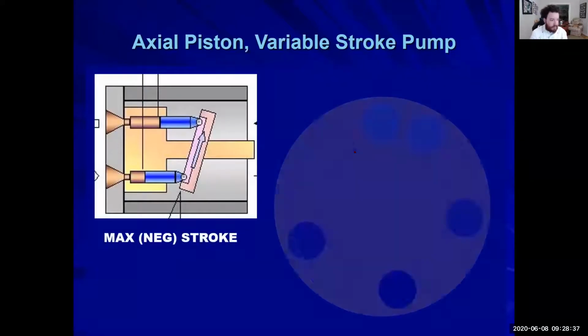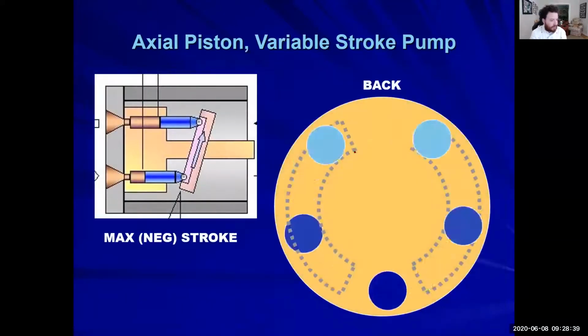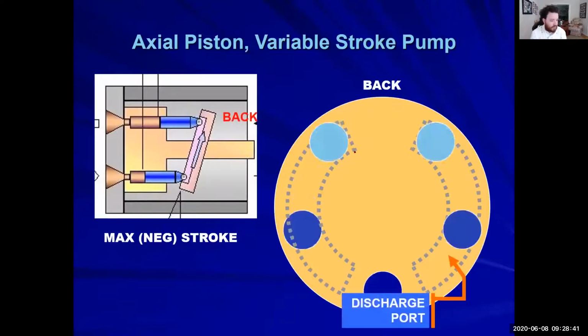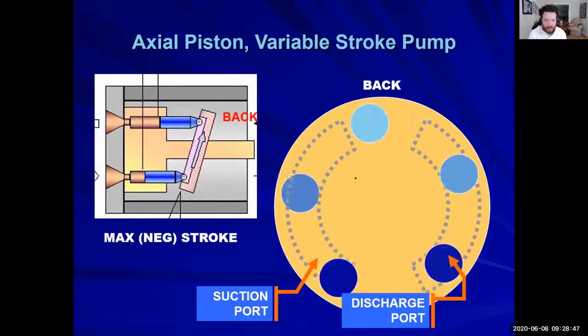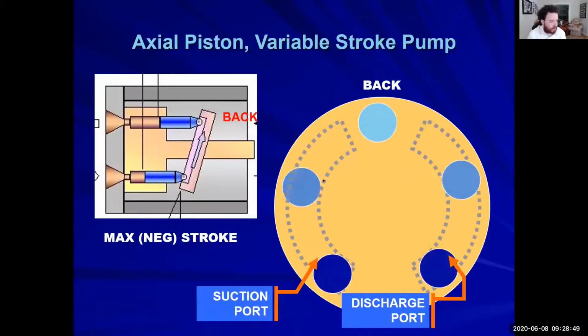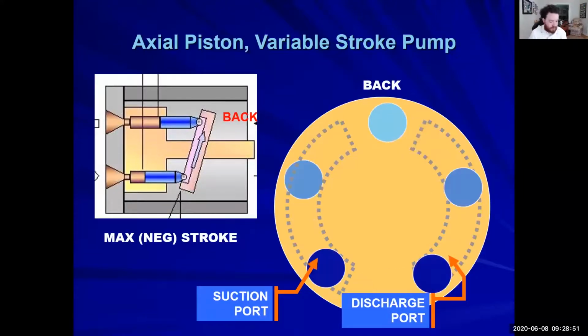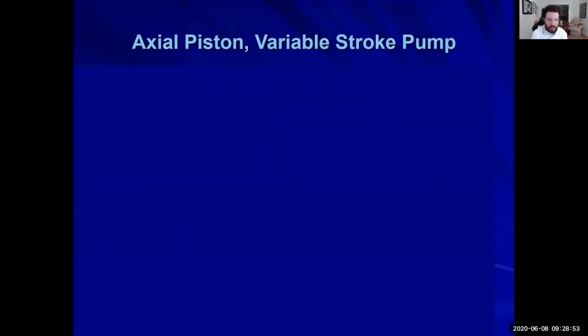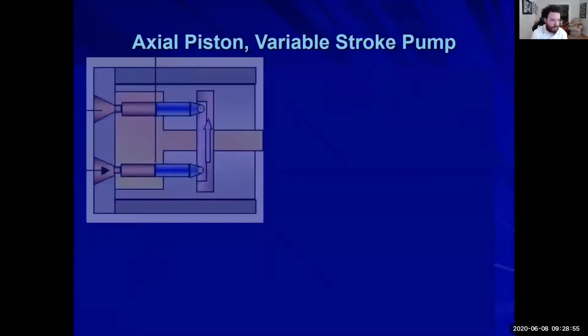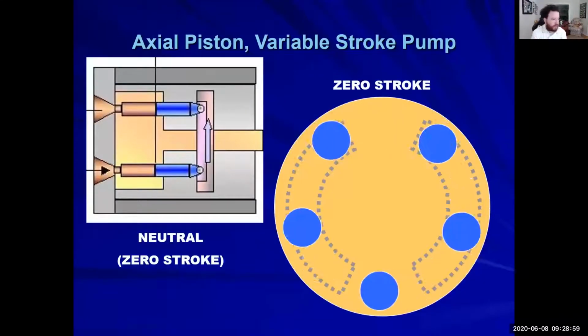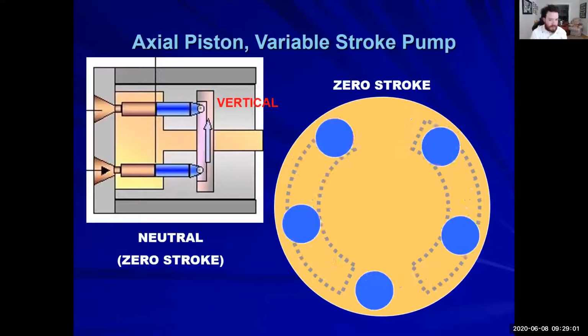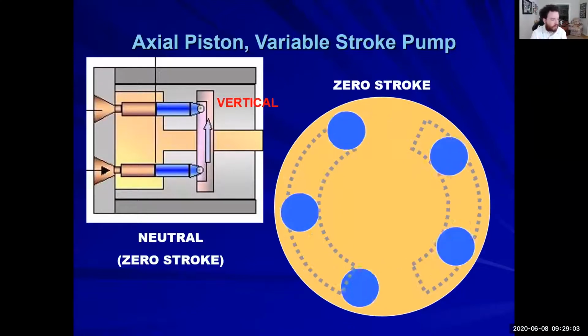Now, if we do the reverse, it flips it. We now have a discharge port on the right and a suction port on the left. And of course, if we go to the neutral position, there's a zero stroke.